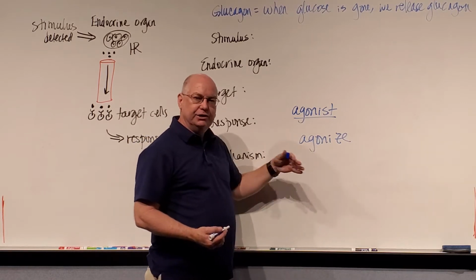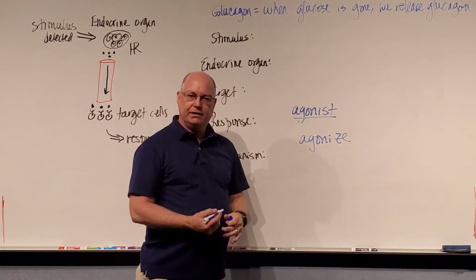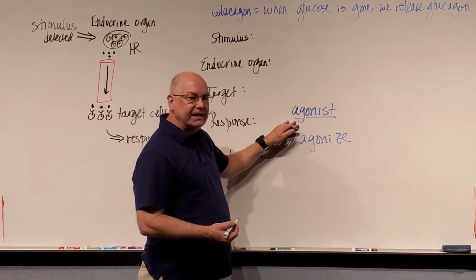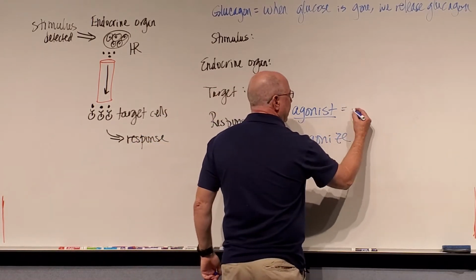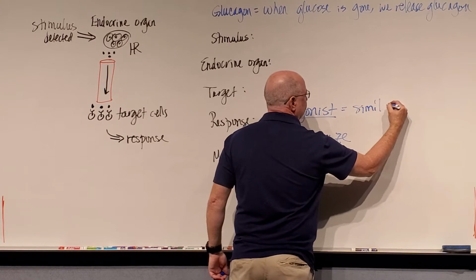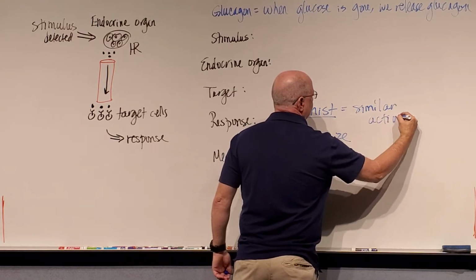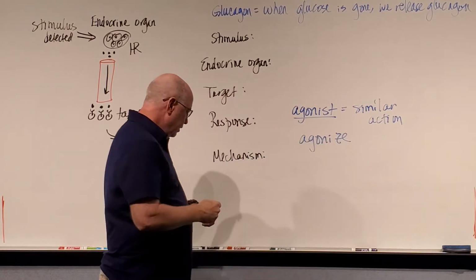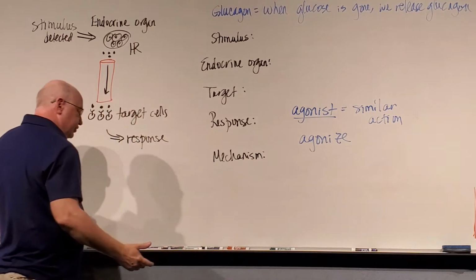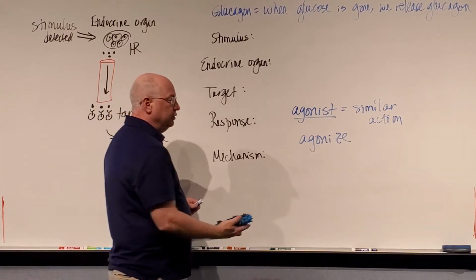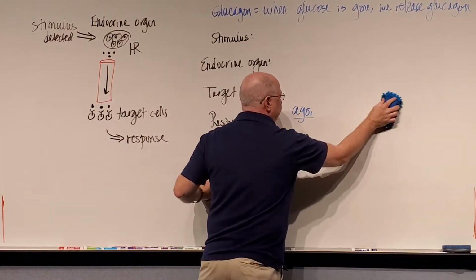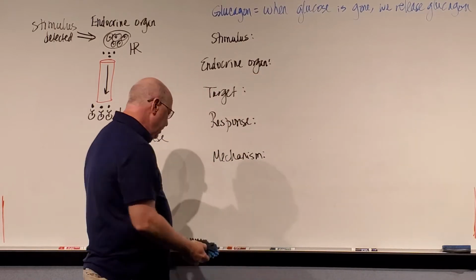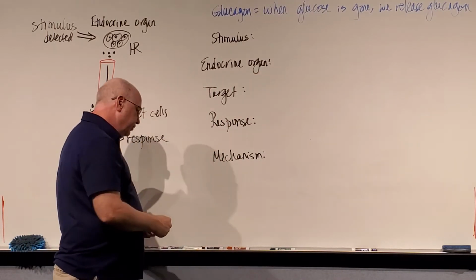You are agonizing, or you're going through the same thing that they are going through. So anytime we talk about an agonist, they have a similar action, or they do the same thing. Glucagon is an agonist to cortisone and cortisol. It's going to do the same thing. There's a different reason though.